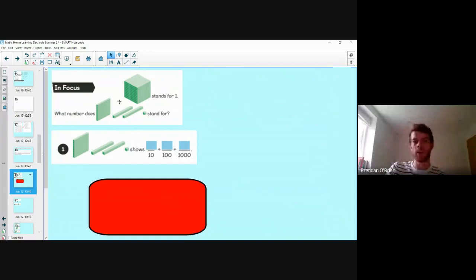And they're asking us, what number does one of these large blocks, one of these long ones, and one singular one stand for? So what do each of these parts of the block stand for? Because they all make up parts of it, but we need to know what each of them stand for.